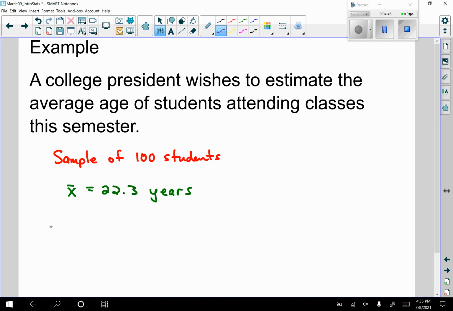So this college president, he or she, could infer that the average age of all students attending classes this semester is 22.3 years.